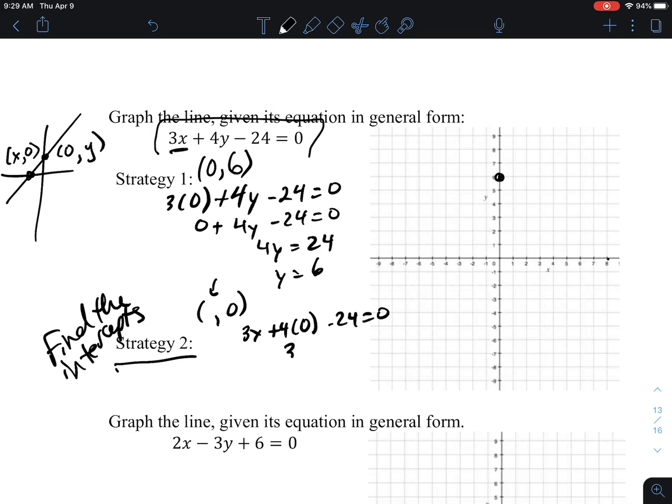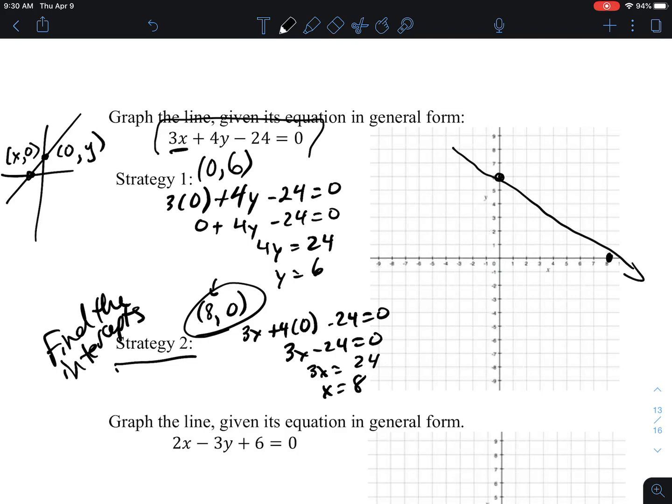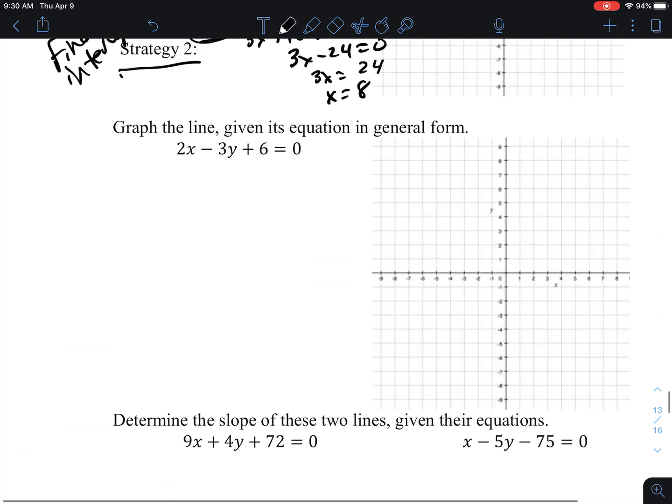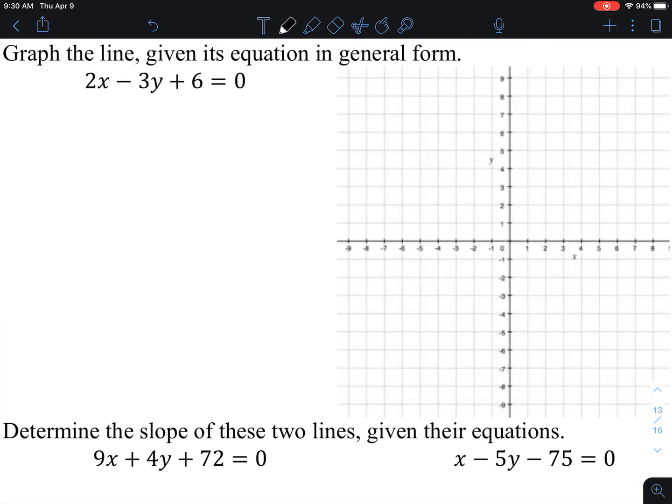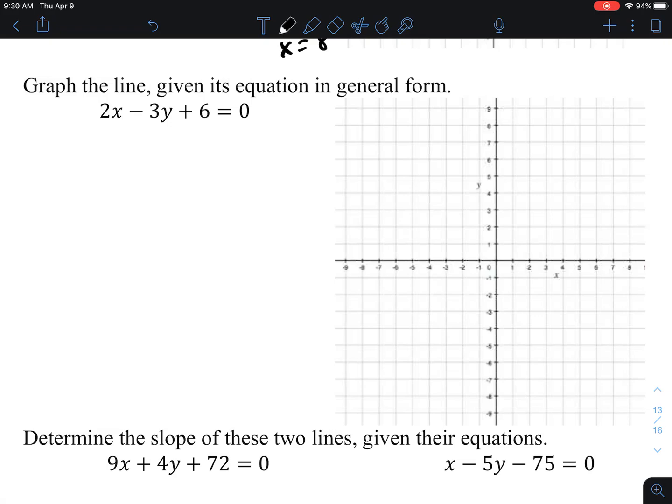So 3x plus 4 times 0 minus 24 is 0. 3x is 24, so x is 8. And that gives me that point. Now I plot that point over here, and I just connect my 2 points with a line. But you get the idea. So that's strategy 2. So why don't you try this one and see what you get here.